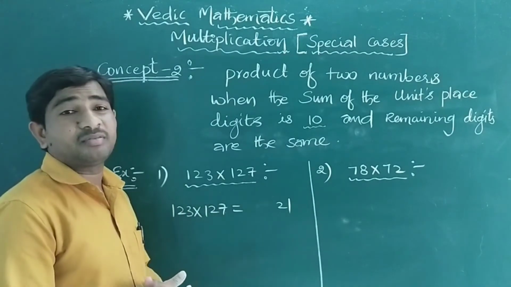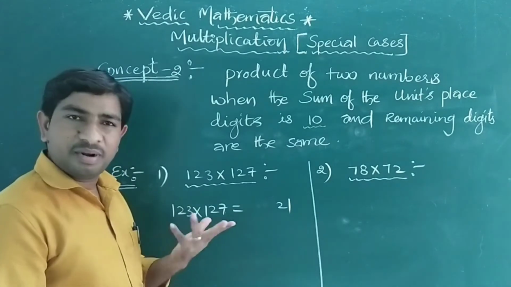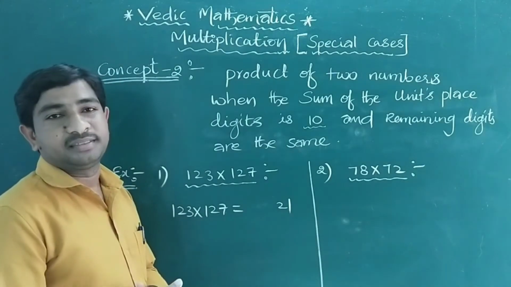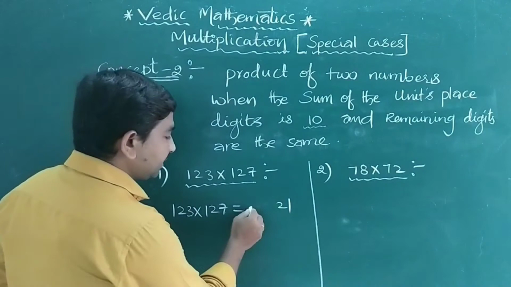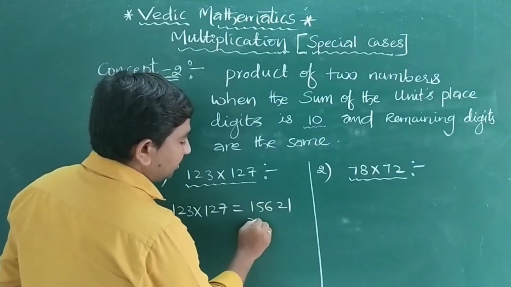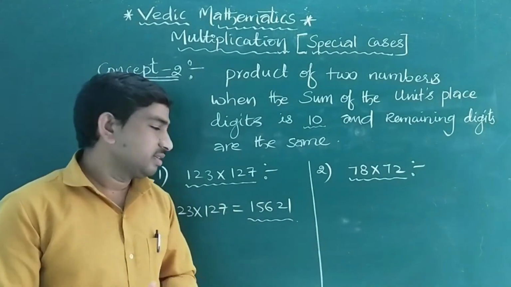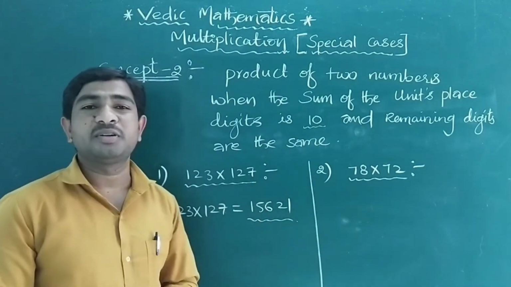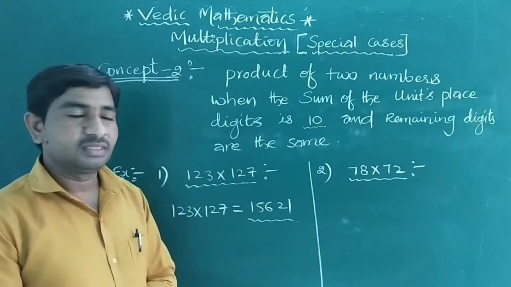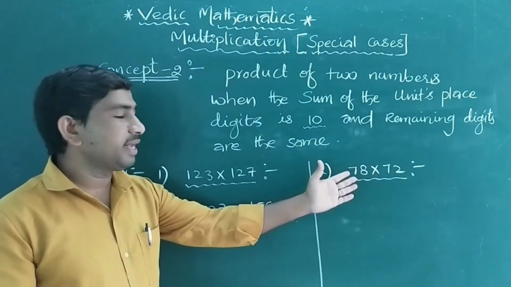What is the next number after 12? 13. Multiply 12 into 13, that is 156. So this is the answer. 123 into 127 is equal to 15,621. Very easy.